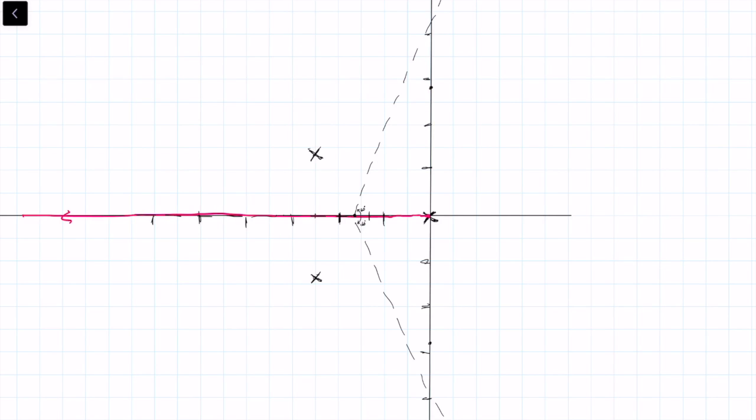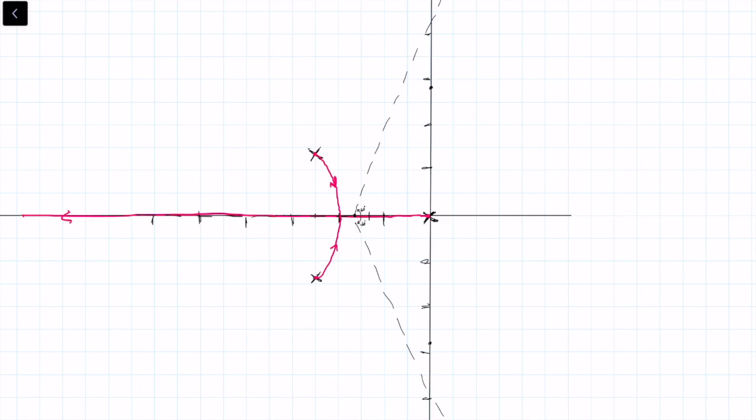So now what we have is these break in points, so we're going to start from here, and we're going to go in like that. Okay, so that's what one of them looks like.